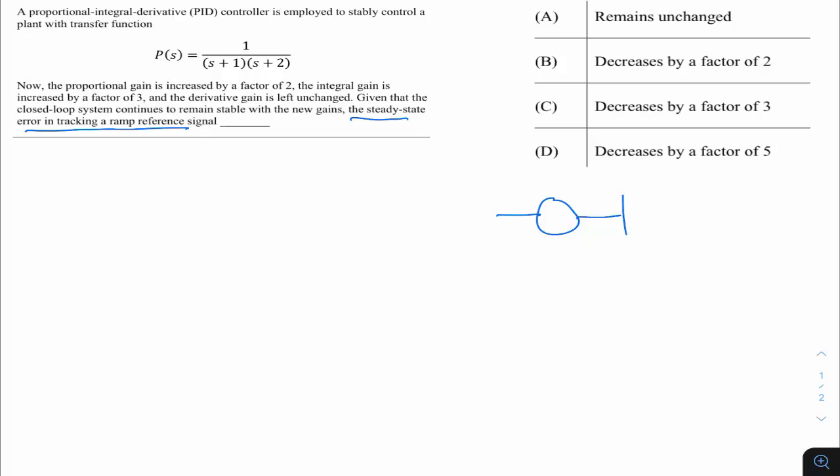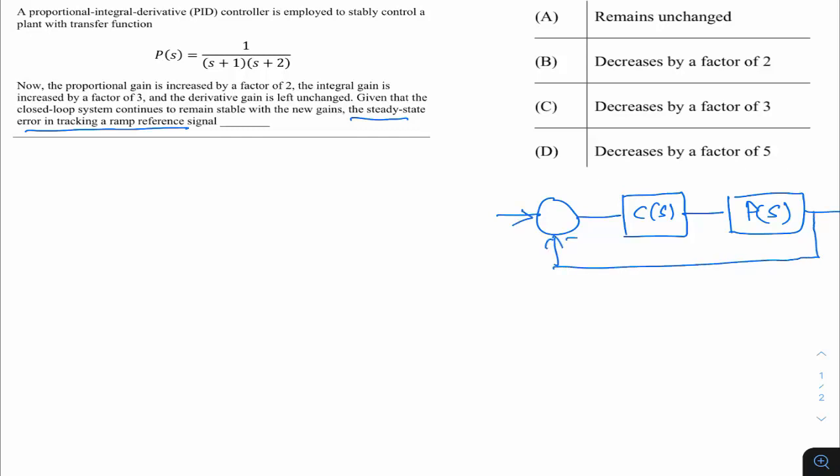The PID controller, if I say the transfer function is C(s), this is the controller, and the plant is P(s). This is the plant, this is the input, and this is the feedback signal. This is the arrangement.